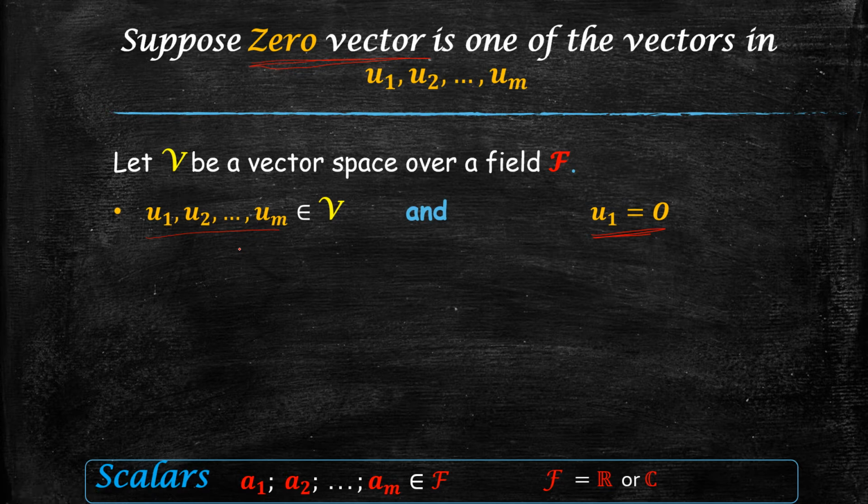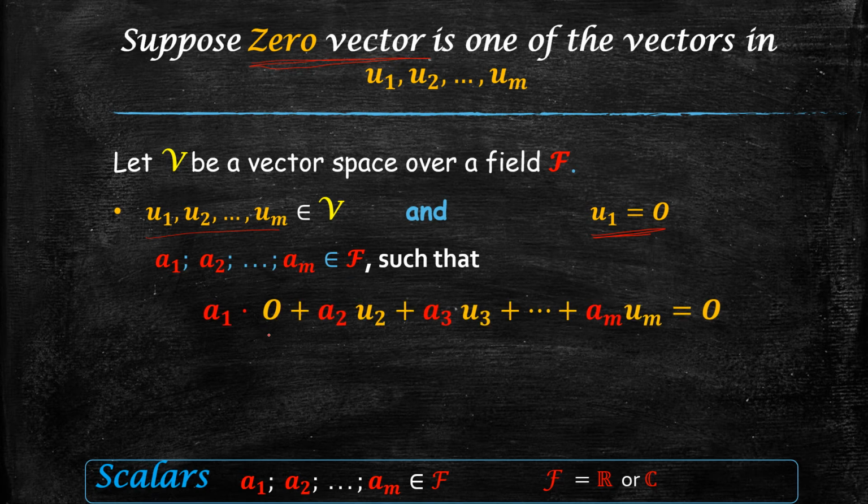In order to check that, I have to write the linear combination of these vectors and put it equal to 0. So let a1, a2, ..., am be scalars from field F such that a1 times the 0 vector, as I have assumed that u1 is the 0 vector, plus a2 u2 plus a3 u3 and so on equals 0.